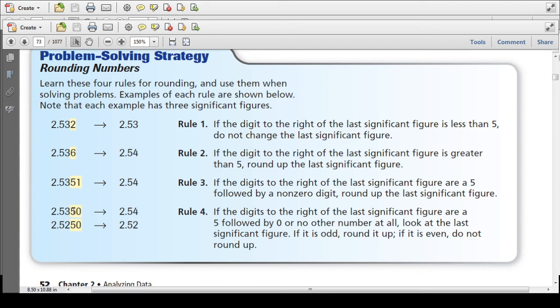Because 3 is an odd number, and we look at the 5, we're going to round it up to 2.54. But because we're dealing here with an even number, 2 is an even number, we're going to leave it as is, and we're just going to leave it as 2.52.